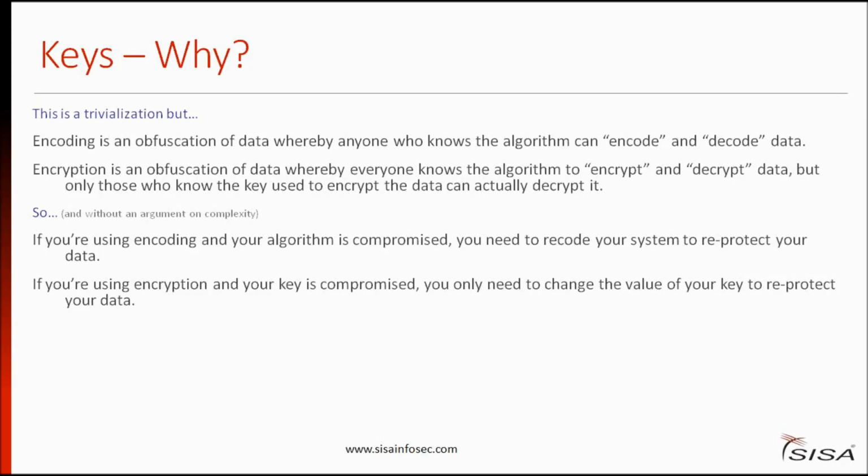So if you are going to use only an encoding feature, then if the encoding algorithm gets compromised, we are required to change the entire application program in order to change the encoding standard used within the application. But if you are using encryption and the keys used for encrypting the data get compromised, then all we need to do is change the keys in order to re-protect the data, and we don't need to change the entire application at all.